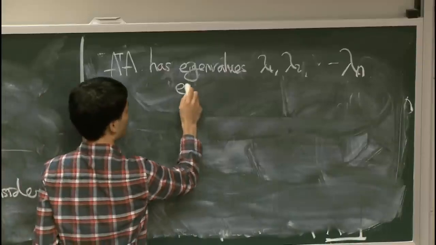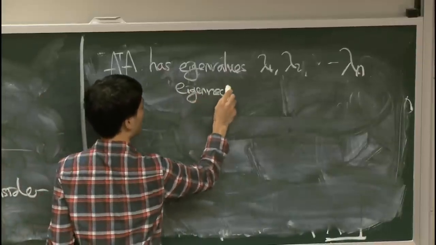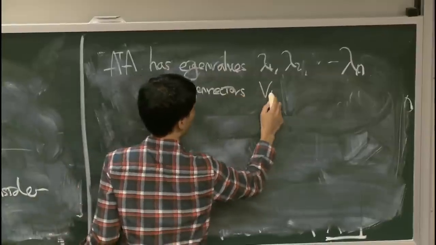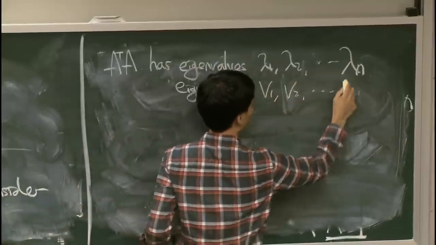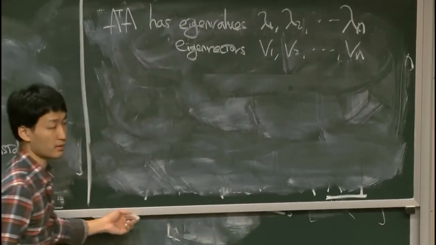And corresponding eigenvectors v1, v2 up to vn. Okay.